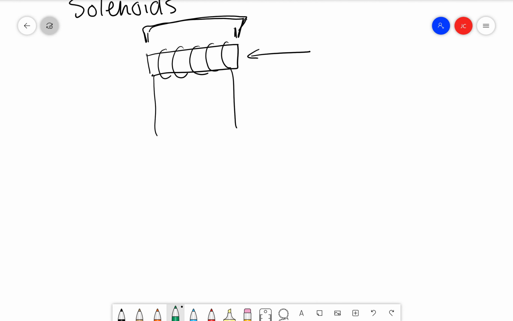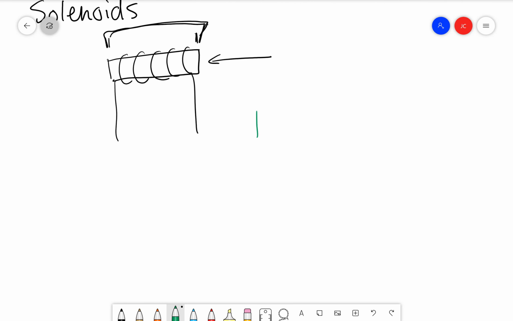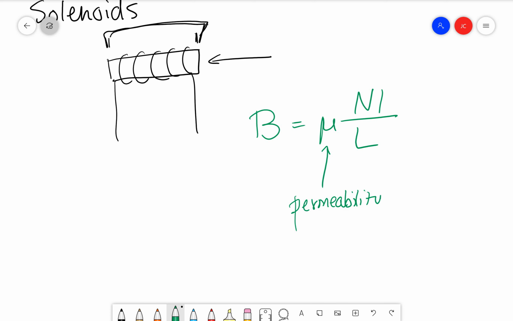Solenoids have a different formula for field strength, which looks like this. Now, we already know what B is, but all the other letters are new to us. Mu is the permeability, but it's not the permeability of free space anymore. Now it's the permeability of the core material, whatever it's made of.